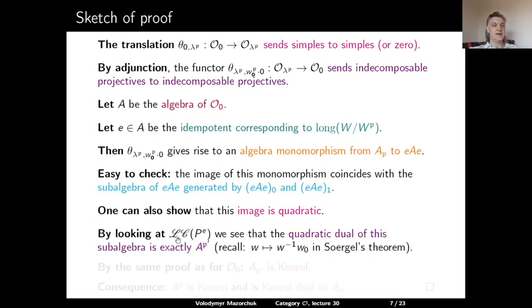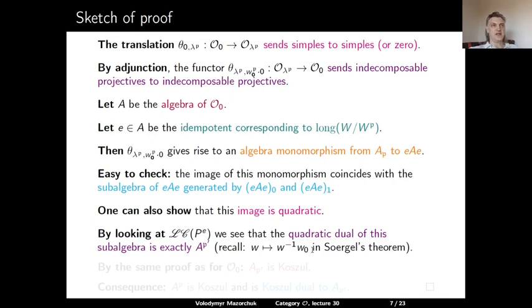By looking at the linear complexes of projective modules over the centralizer subalgebra, we see that the quadratic dual of this subalgebra is exactly A upper P prime. So it's exactly the parabolic subalgebra for the second parabolic P prime. For this, one needs to recall that the correspondence on simple modules induced by Koszul self-duality of O sends W to W inverse W0.